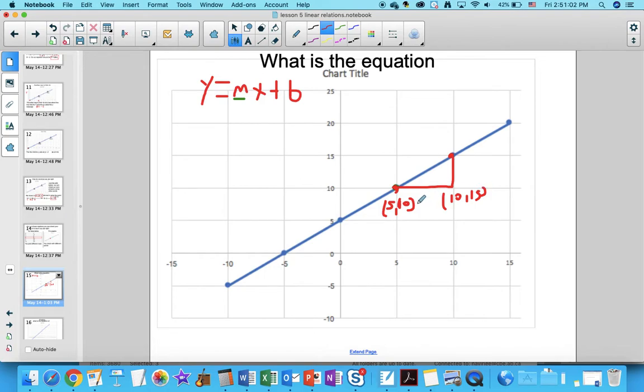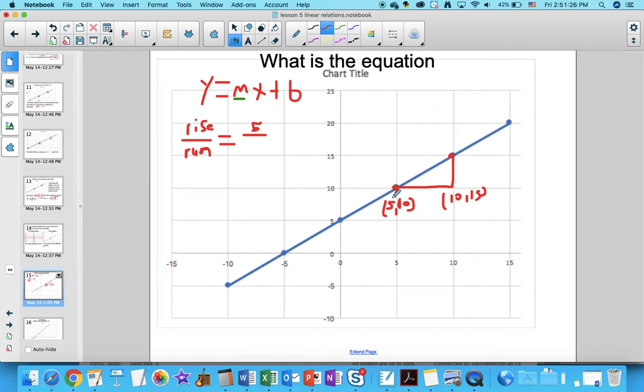My rise is my change in y. So how much did the y change by? I went from 10 to 15. My rise over my run gives me my slope, my m. Rise, 10 to 15 is 5.